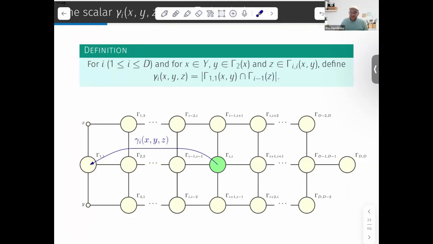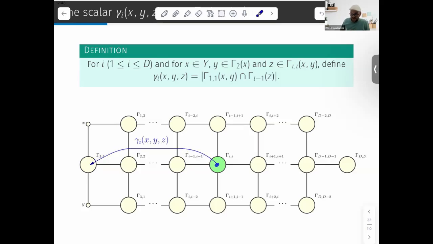And otherwise, if we have vertices here, what we are going to do is count how many common neighbors of x and y, so this means how many vertices here are connected with a path of length i-1 with a vertex.